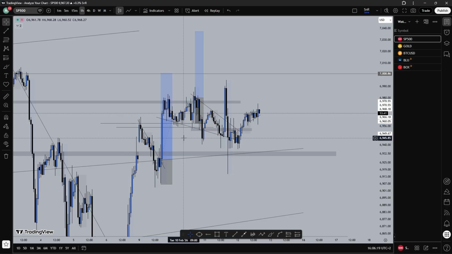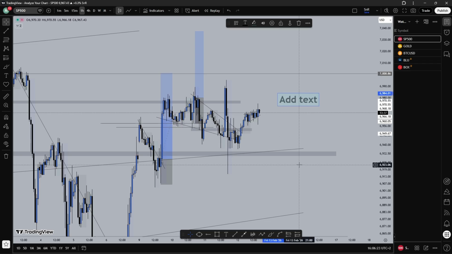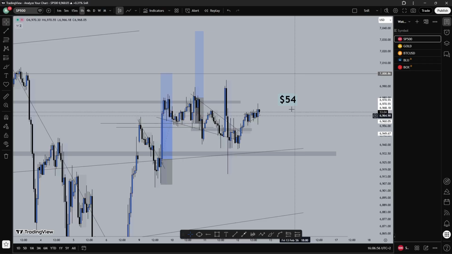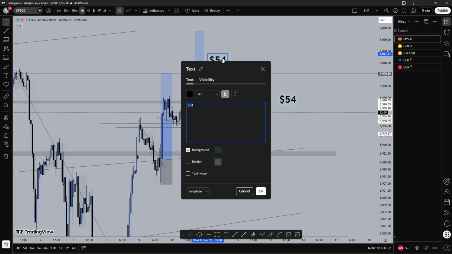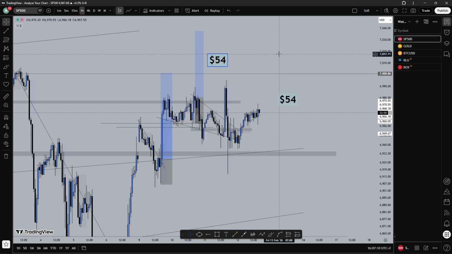And remember, in that account I was left with $54 before I could breach the maximum drawdown, right? Since I was left with 54, in this trade I was risking $56.